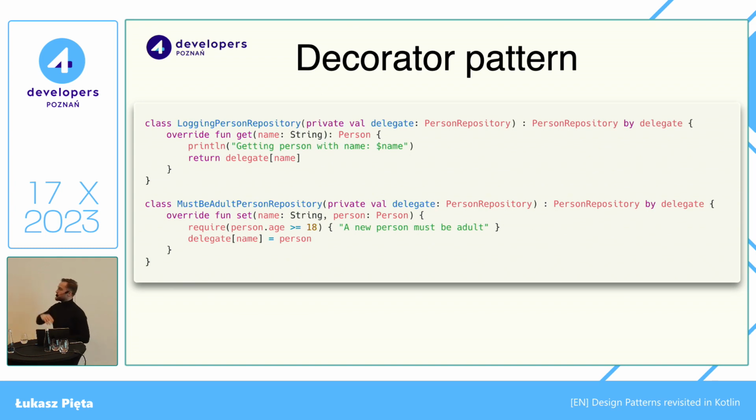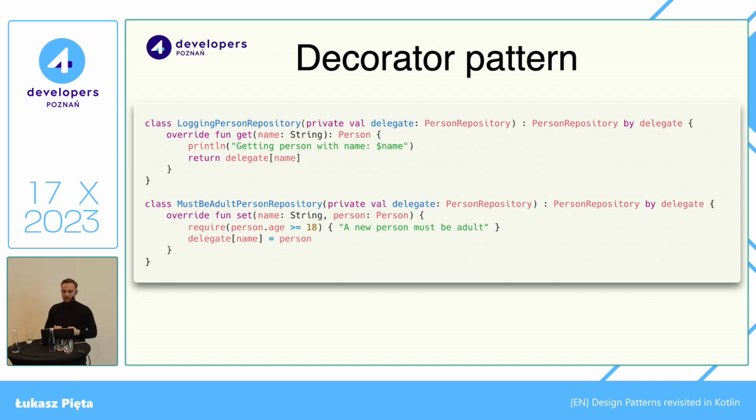So we have this delegate passed to the primary constructor for both classes, because we have two features, right? We have two features, so we cannot avoid the situation when we actually implement them. And what we do here is provide the default implementation by delegate to this subclass of person repository, but we override one of these methods. And as you can see, we do the stuff like logging, validation, and then we use the delegate method.